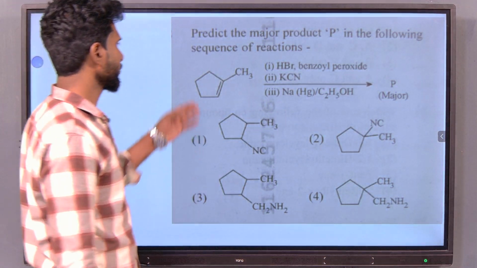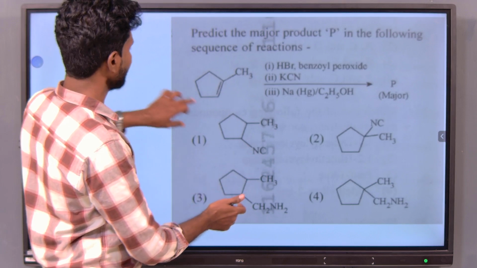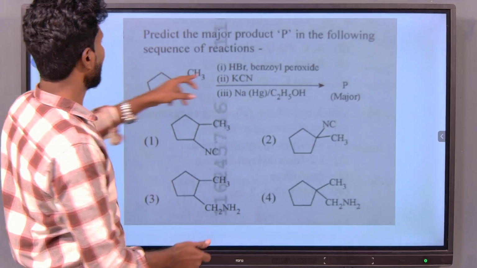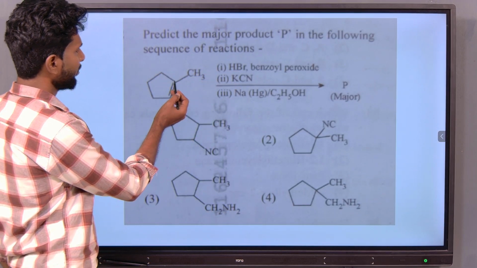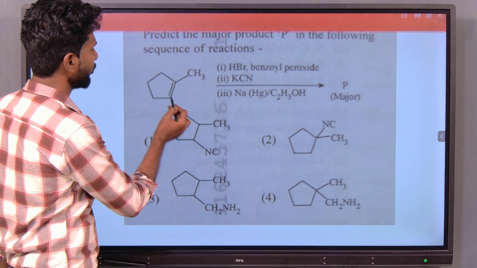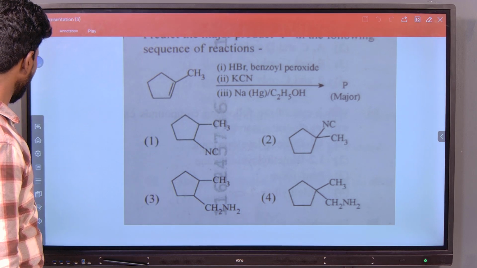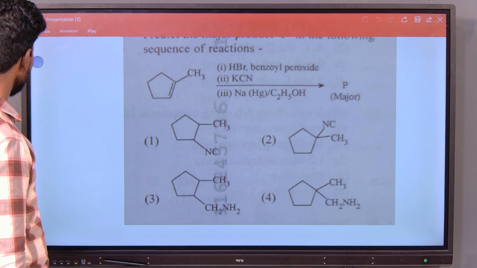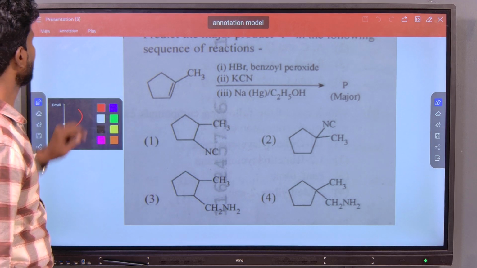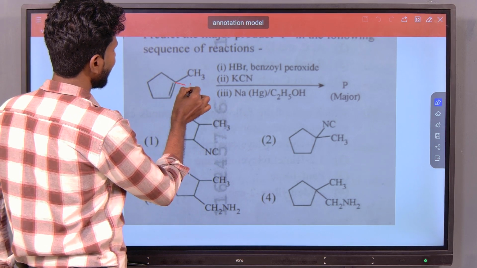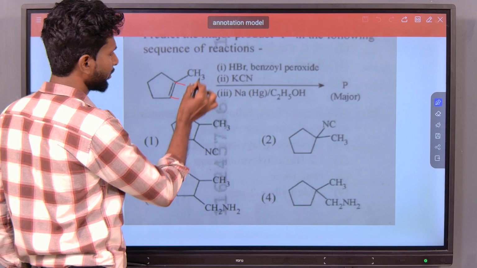See here. First of all, with HBr we have to follow the anti-Markovnikov rule. Hydrogen is added to this carbon and bromine here. I'll write it one more time. Here hydrogen, here bromine.